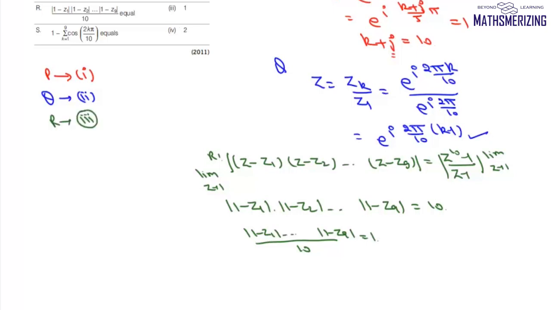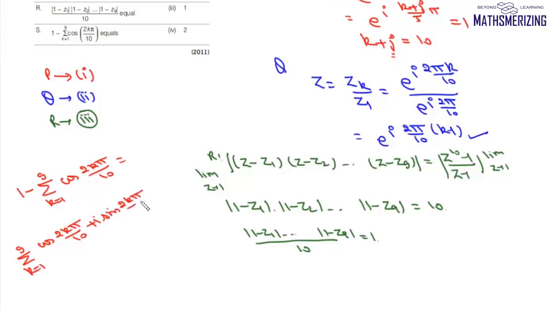And for this fourth one, we need to find 1 minus the summation k varies from 1 to 9 cos 2kπ/10. Now we know that summation k varies from 1 to n minus 1 of cos 2kπ/10 plus i sin 2kπ/10, this value is minus 1.